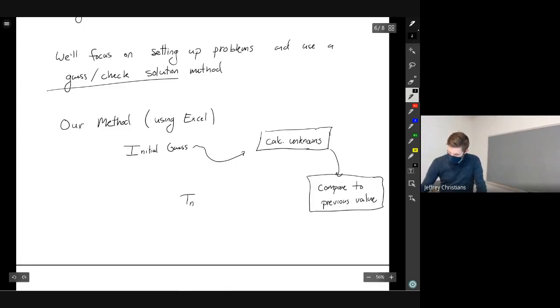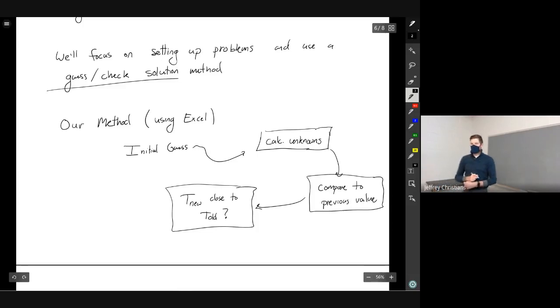So then we'll look at, is our new temp close to what the old one was? Yes or no? If no, we go back in our loop. We're going to keep going around and say, okay, but now use this new value and recalculate things. Are we close now? Yes or no? Okay, still no. Recalculate things. Are we close now? No, we're still not close. Recalculate things. So we'll keep going around in this loop.